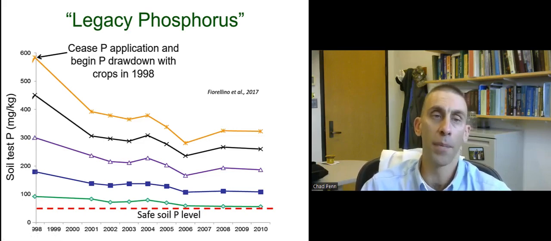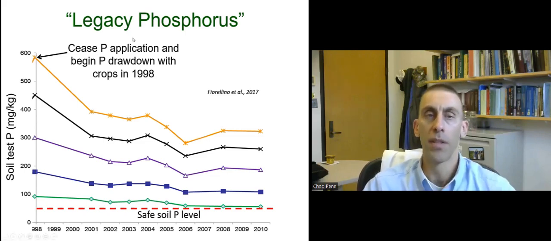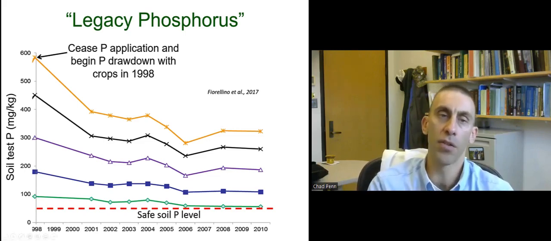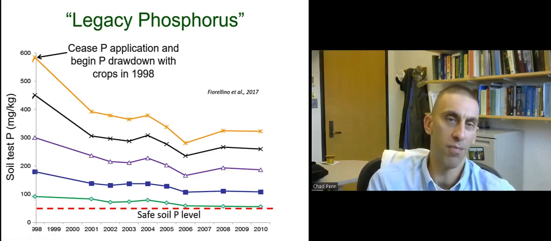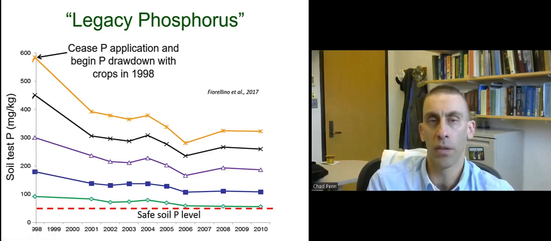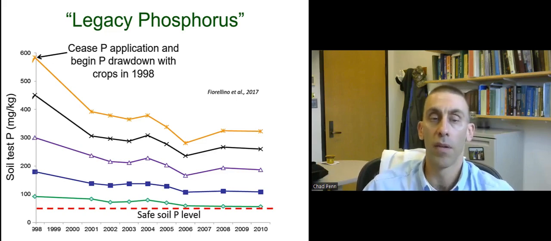Then they cut off all P applications and began drawing it down with a corn, wheat, beans rotation. What they found, and other studies have shown this as well, is that if your soil test P levels are anywhere around 300 to 400 milligrams per kilogram of Mehlich-3, then it's going to take between 20 and 30 years to draw them back down to safe, agronomic levels.